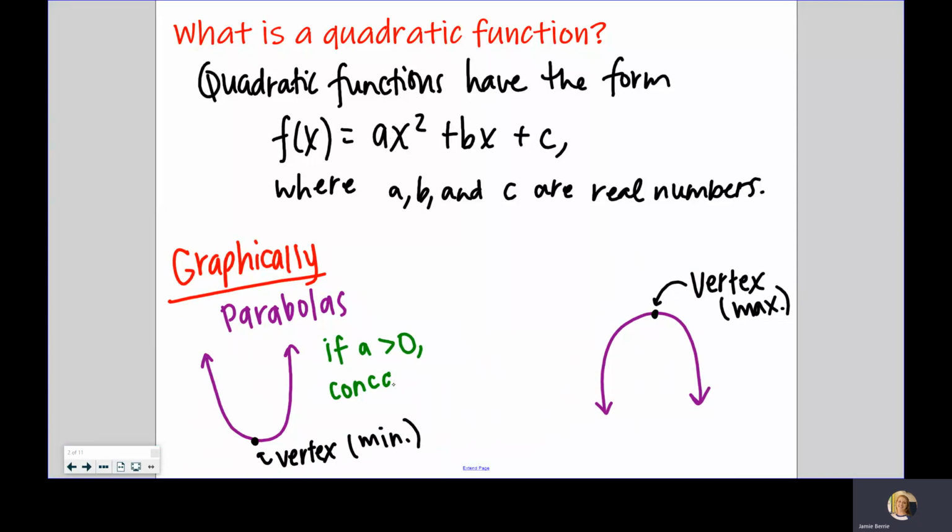The way you can remember this is concave up like a cup. Concave up looks like a cup. Concave down looks like a frown. So if you have a value of a that's less than 0, or a negative value for a, then your graph will be concave down.